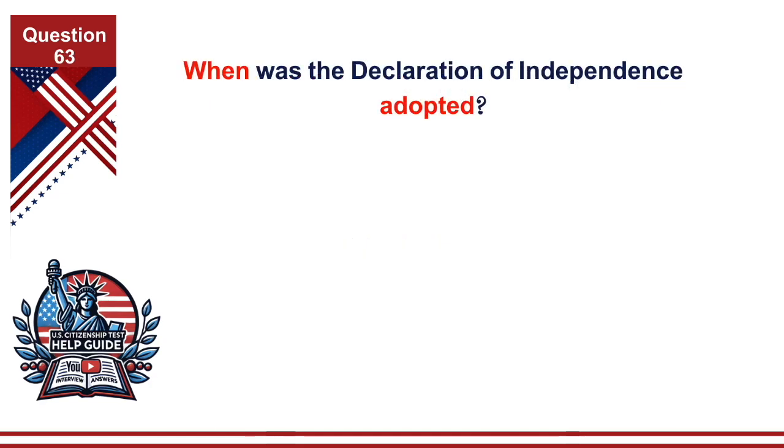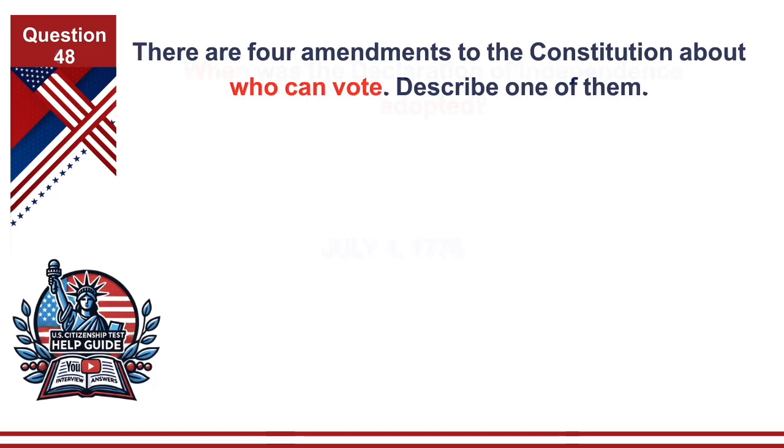When was the Declaration of Independence adopted? July 4, 1776. There are 4 amendments to the Constitution about who can vote.